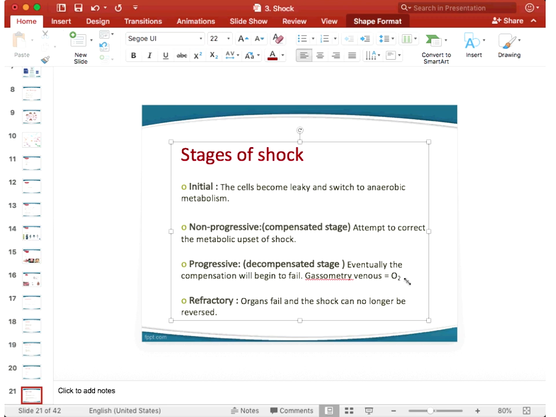Is this clear? Yes. So wait, one second. So the venous gasometry is supposed to have a low percentage of oxygen, but if the patient is in shock, it will have an even lower one, or is it normally low? Yes, that's correct.